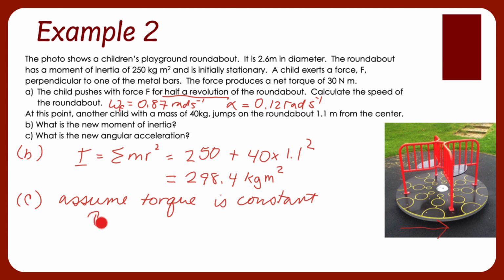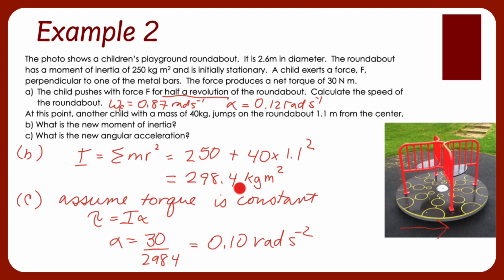So tau equals moment of inertia times angular acceleration, or angular acceleration is going to be my torque, which was 30, over my new moment of inertia, 298.4, and this is going to give me 0.10 radians per second squared. Just as a note, this probably should have been rounded to 300 to give the correct number of sig figs, but I left all the data there so that I could use it in the second part.